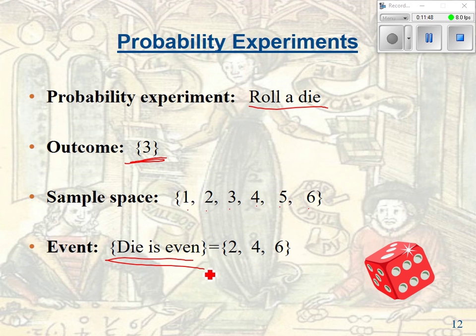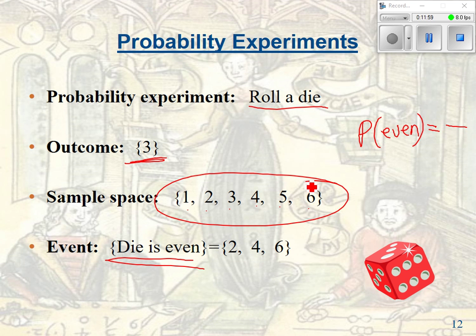And if we want to find the probability, then we'd say probability that it's an even number. How many total possible outcomes, or what's our sample space? How many of them? 6. How many even numbers? And we reduce that down to 1/2 or 0.5 or 50% of the time, whichever one best fits the problem.